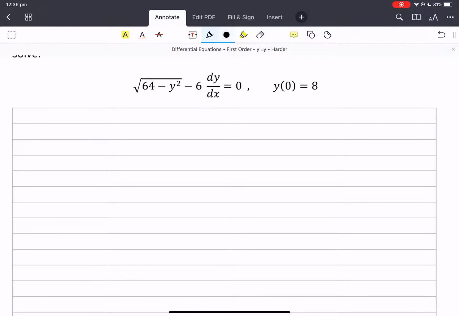Yeehaw! dy dx, that's the first thing. So we're going to go, we want the y's and the dy together.